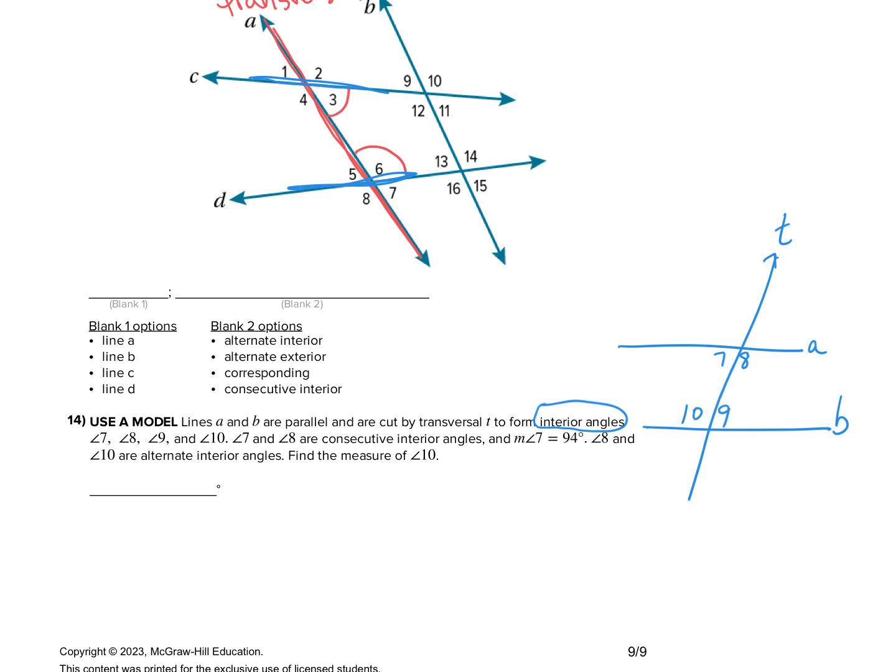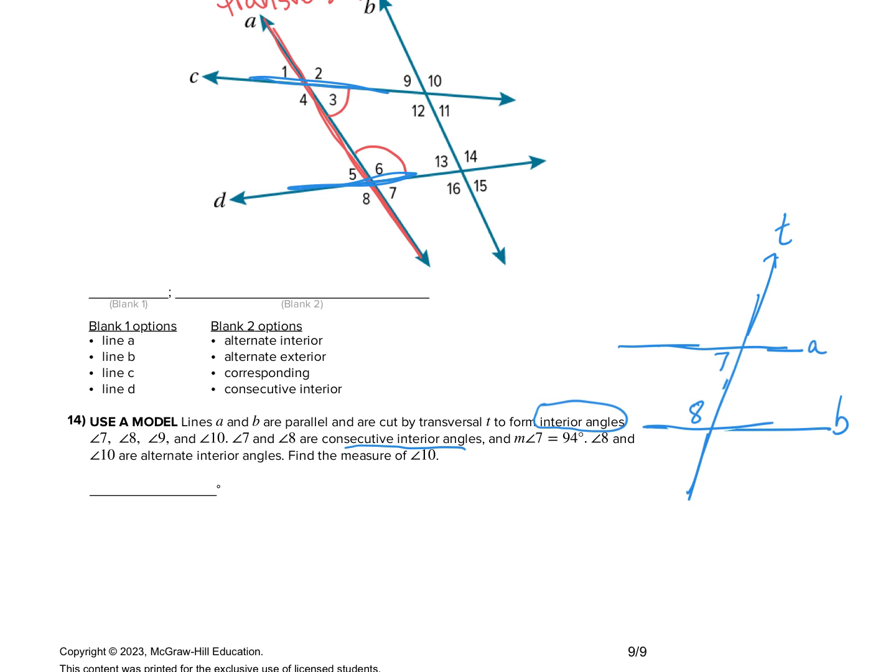7 and 8 are consecutive interior, so you can see how I did not label these correctly. So let me fix this. Okay, so 7 and 8 are consecutive interior angles.